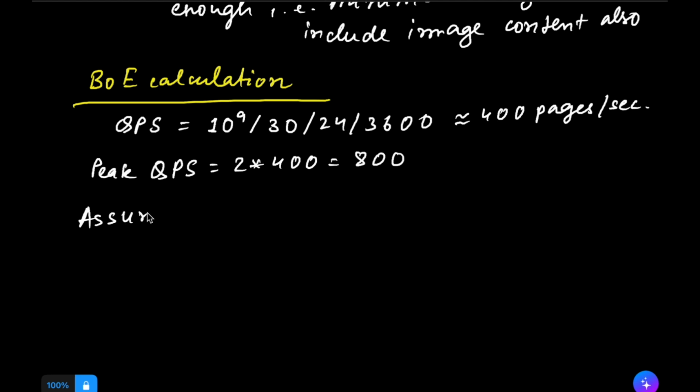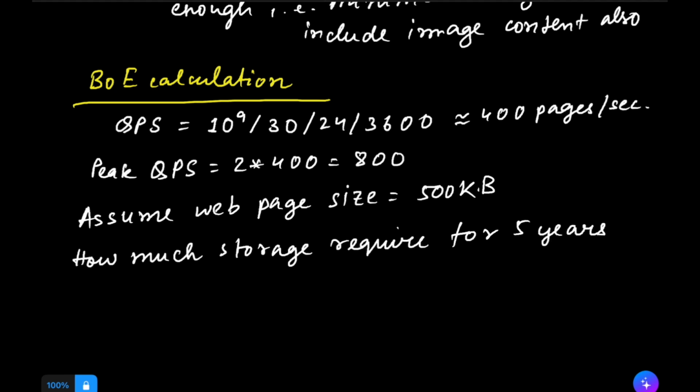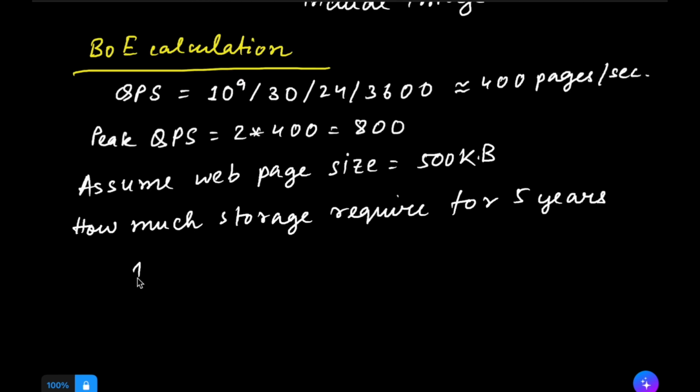We assume the web page size is 500 kilobytes. So how much storage is required? For 5 years, let's calculate. We had 1 billion page visits in a month, so 1 billion multiplied by 500k.